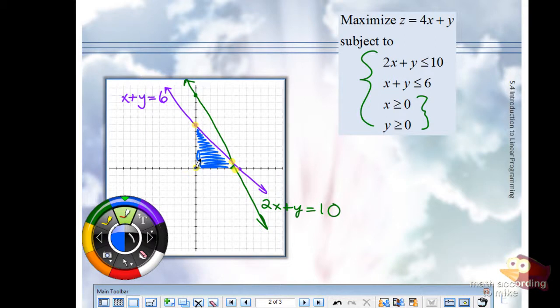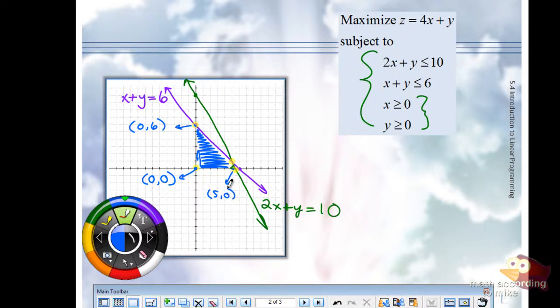Now, 3 of the corner points are nice. What point is this one? 0, 0. What point is this one? What point is this one? The green x-intercept. 5, 0.